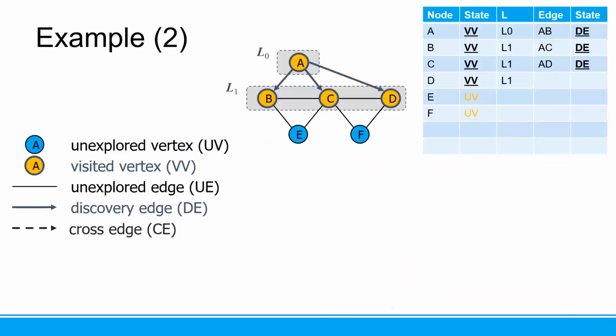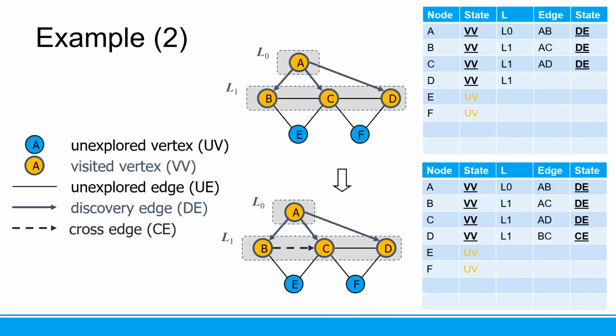After we have B from L1, let's check. This edge is unexplored the first time, and we find the opposite of B, which is C. If you check, C is already visited. If C is visited, what happens?